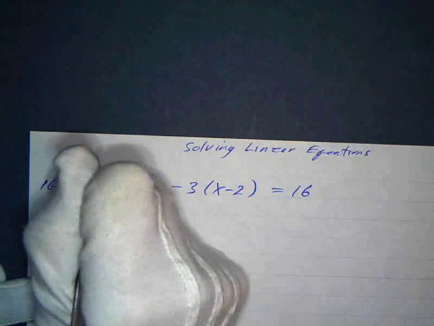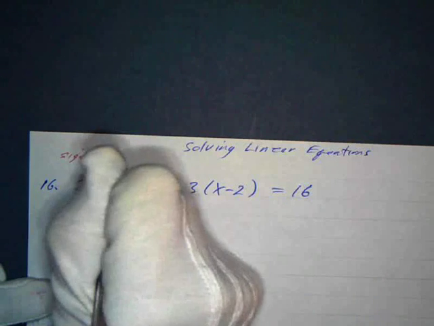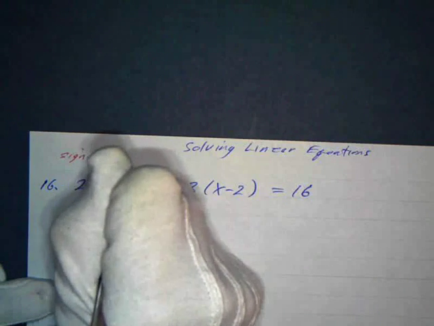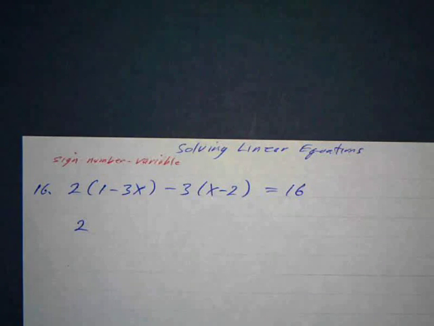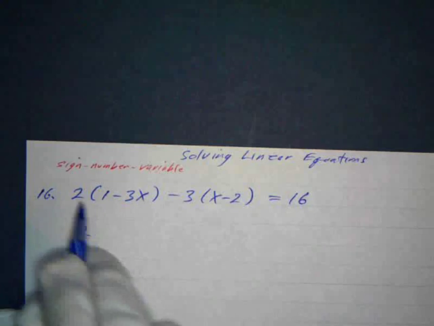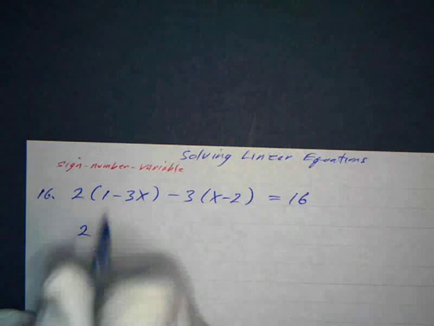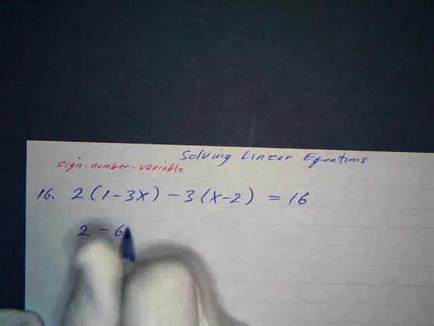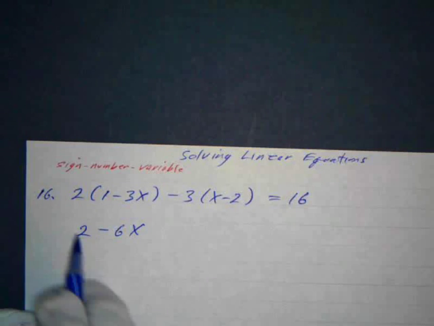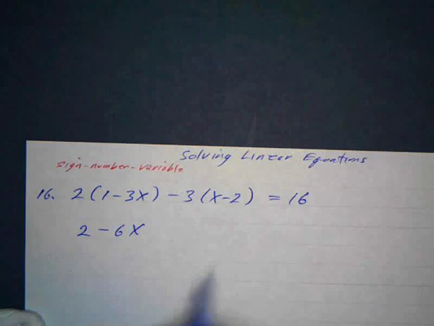Although it should be numeral, so sign, numeral, variable would be more in line with what I do with signed numbers. So my sign is a positive times a negative is a negative. My number term is 2 times 3 is 6, and my variable is x. So 2 minus 6x.